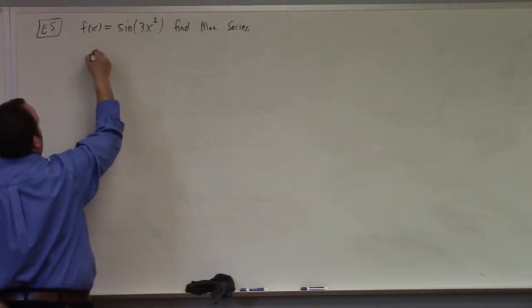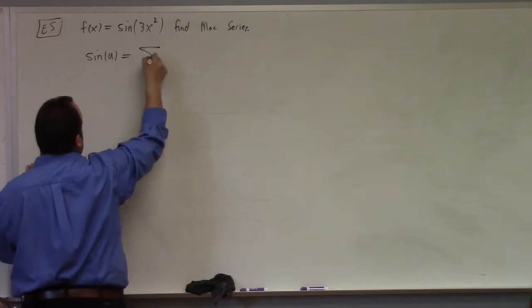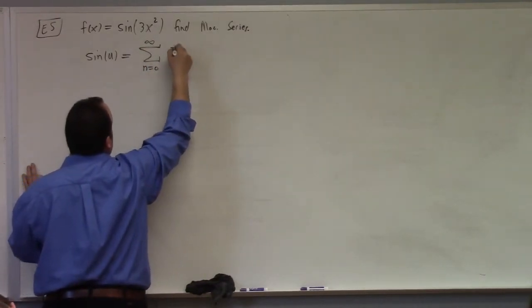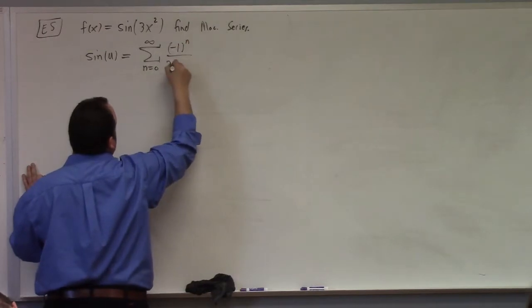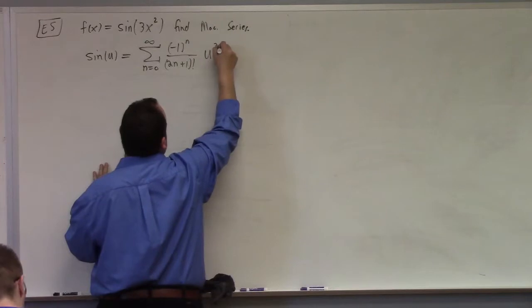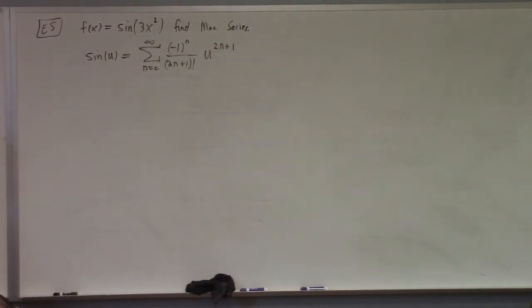Think of this. There's an identity we know. Sine of u is the sum, n equals 0 to infinity, of minus 1 to the n, over 2n plus 1 factorial, u to the 2n plus 1. I wrote the formula in x to start with, but guess what? You can make substitutions.